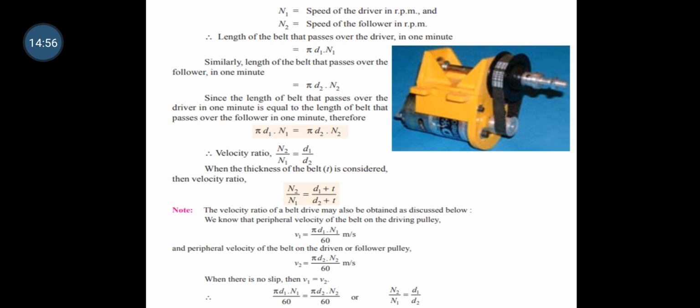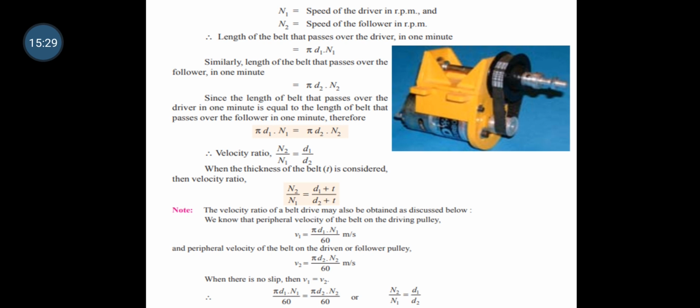Since the length of the belt that passes over the driver in 1 minute is equal to the length of the belt that passes over the follower in 1 minute, therefore pi D1 N1 is equal to pi D2 N2. The velocity ratio is N2 divided by N1 is equal to D1 divided by D2. When the thickness of the belt T is considered, then the velocity ratio N2 divided by N1 is equal to D1 plus T divided by D2 plus T.